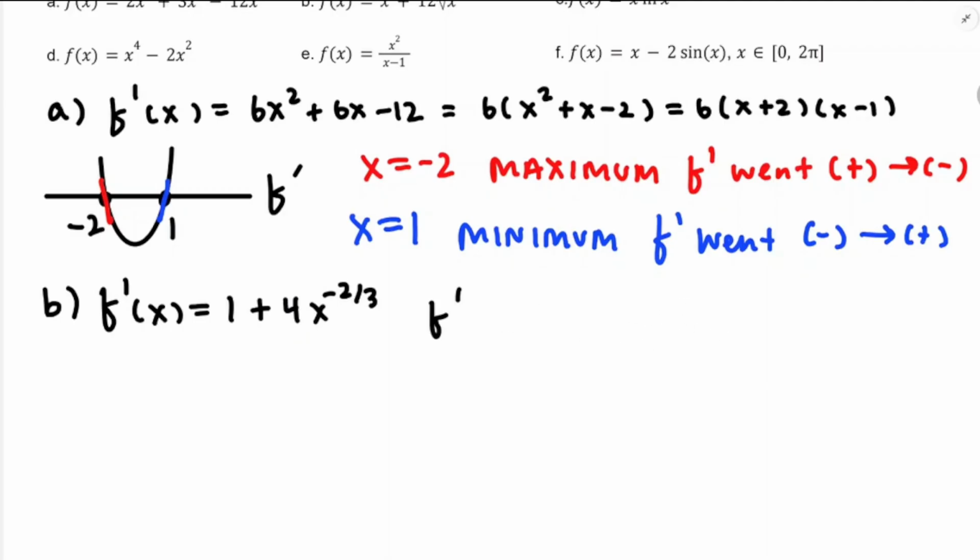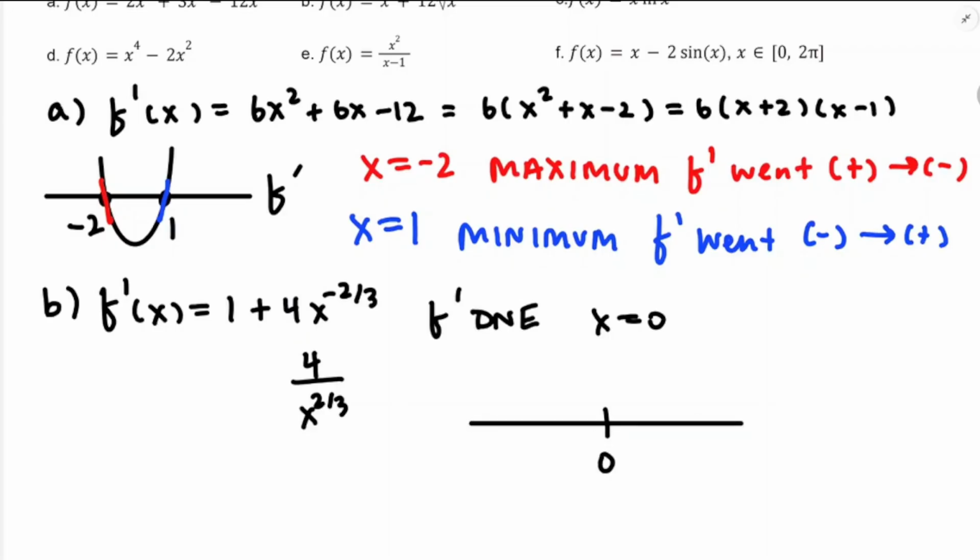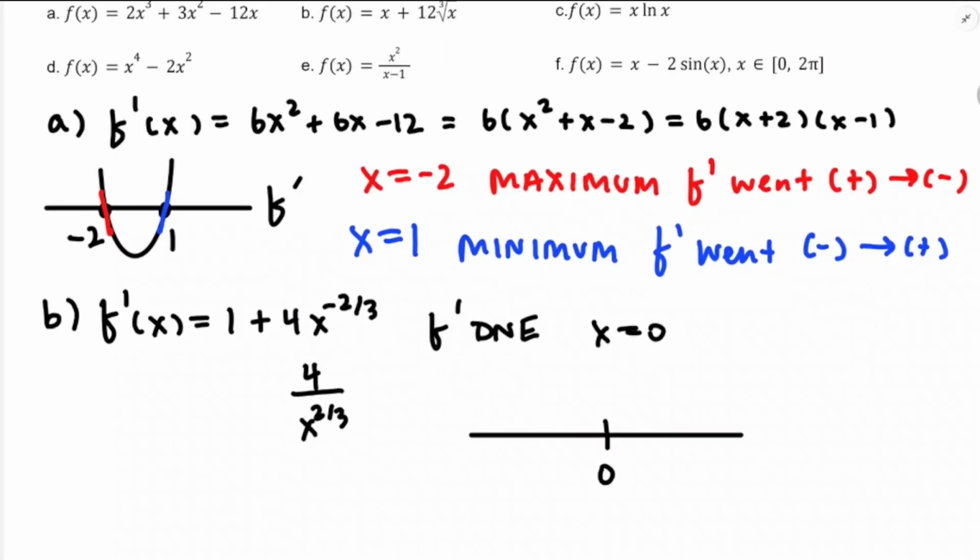But f prime could not exist because this is 4 over x to the 2/3 when x equals 0. So I'm going to think about it. x equals 0. What's going on with this thing? F prime, because 12 cube root x. Oh, we're having a vertical tangent on the graph of f at that spot.